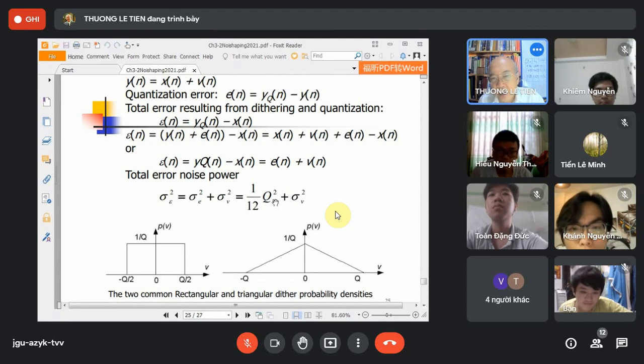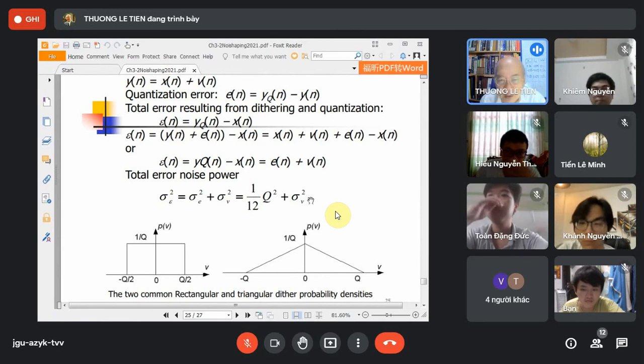It is the noise power in the normal case when we do quantization. This is because we add jitter to the signal as well, and it is a noise, so we take into account the noise power of the jitter.